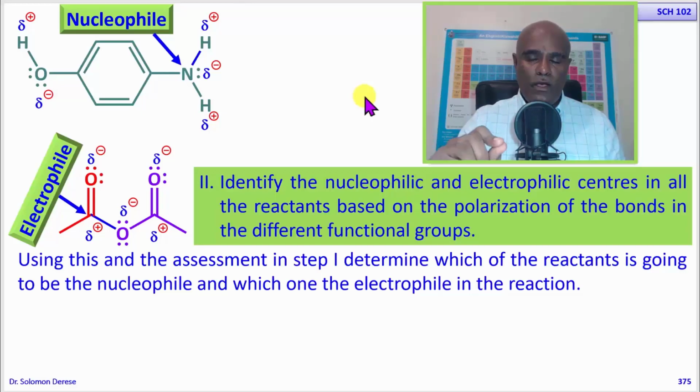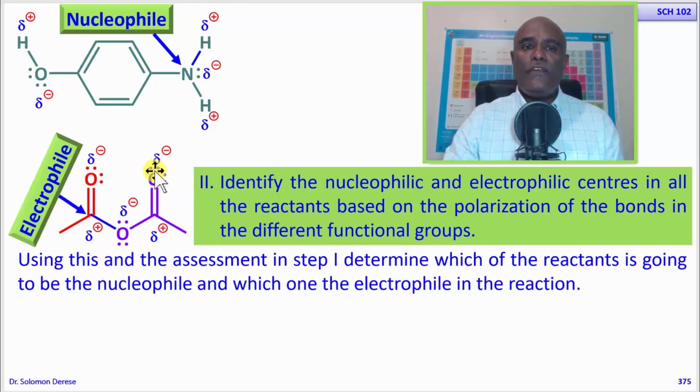As you remember, Coulomb's law says the force of attraction between oppositely charged species is directly proportional to the charges. So the more nucleophilic center will have more negative charge, and the most electrophilic center will have more positive charge.